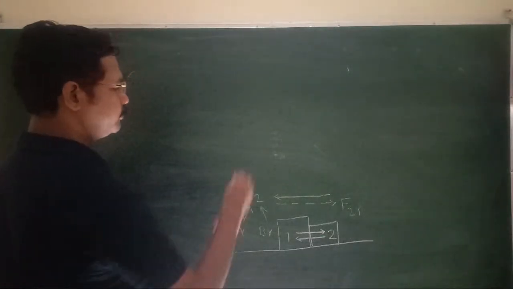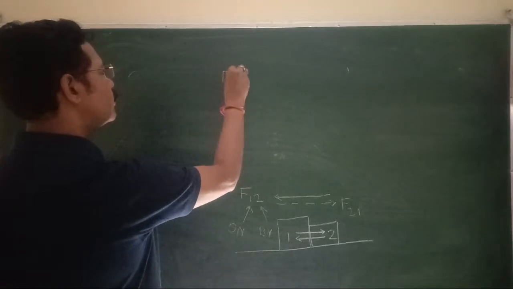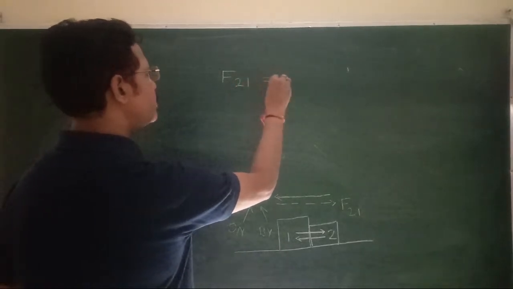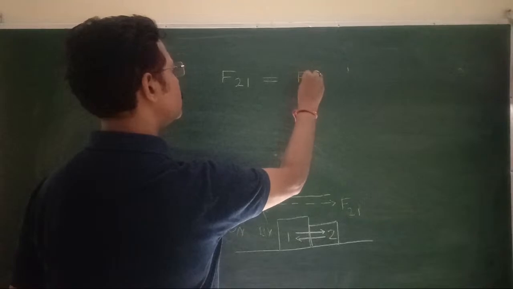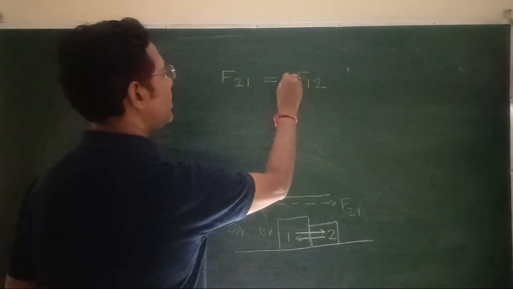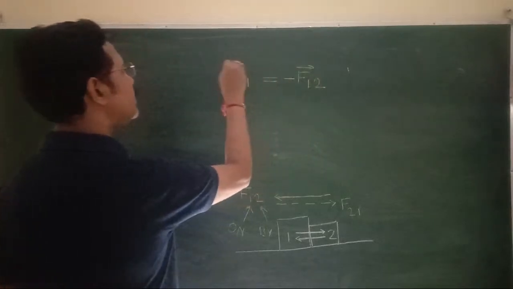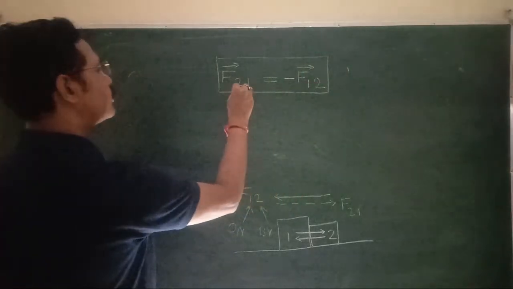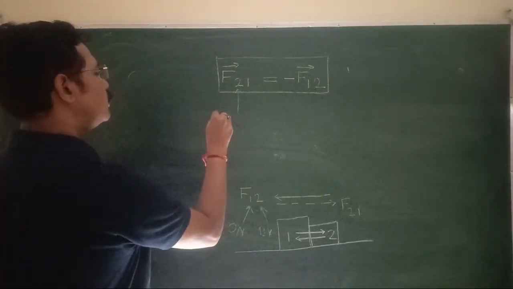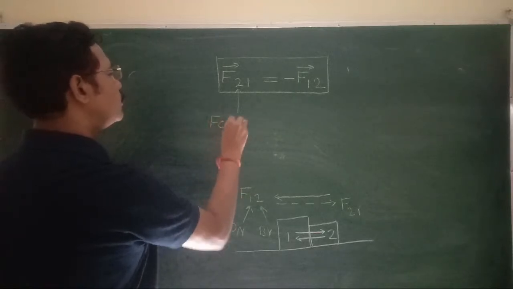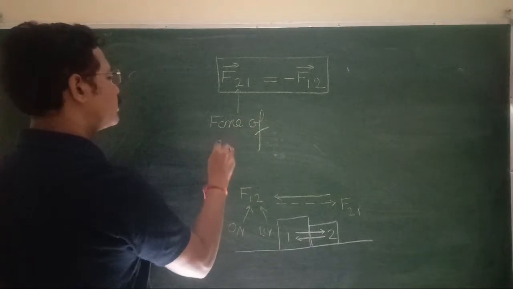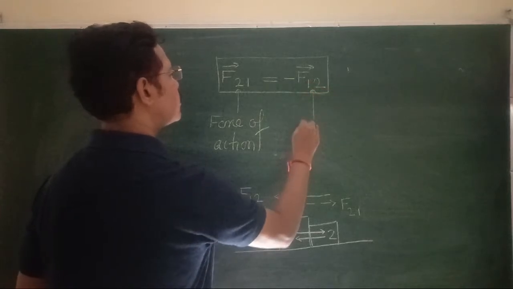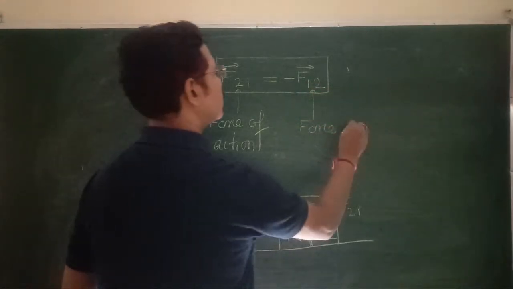And you can also write that the force on 2 by 1 is equal to minus the force on 1 by 2, and this negative sign indicates the direction. Again, you can say this is the force of action, and this is the force of reaction.